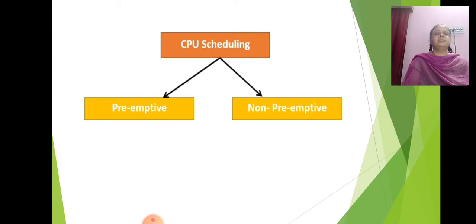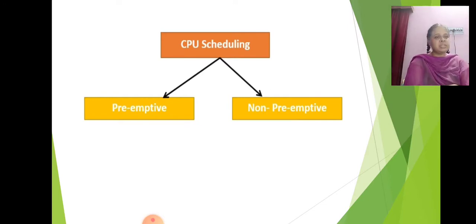Note that there are two types of scheduling: preemptive scheduling and non-preemptive scheduling, as shown in this slide. What is preemptive scheduling? CPU scheduling decisions may take place under the following four circumstances.